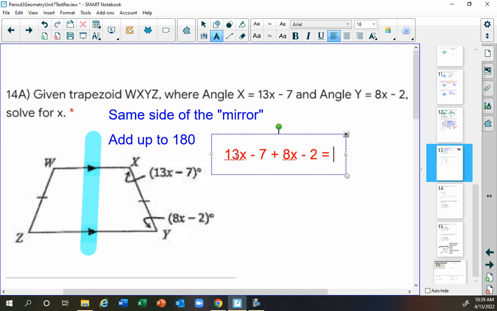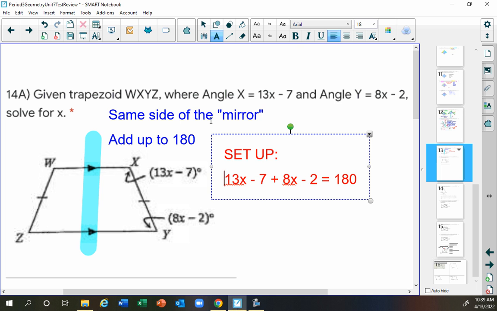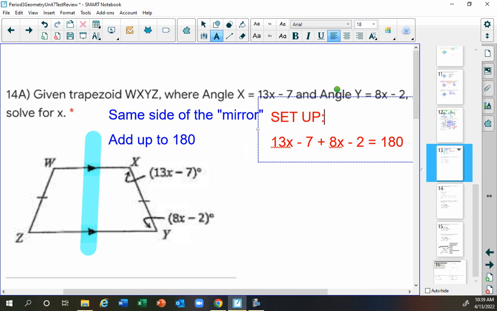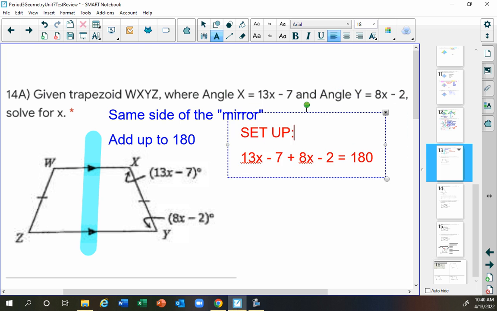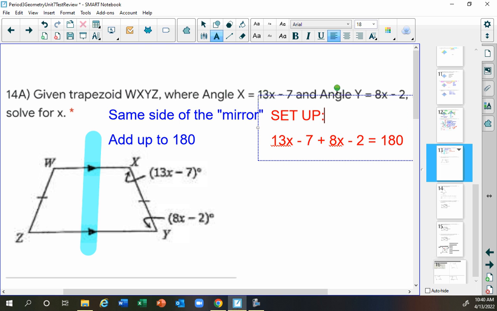So what must the sum of the two angles add up to be? 180. So here is your setup, ladies and gentlemen. There's your setup right here. Okay, now are we at a point where we can solve for the x?